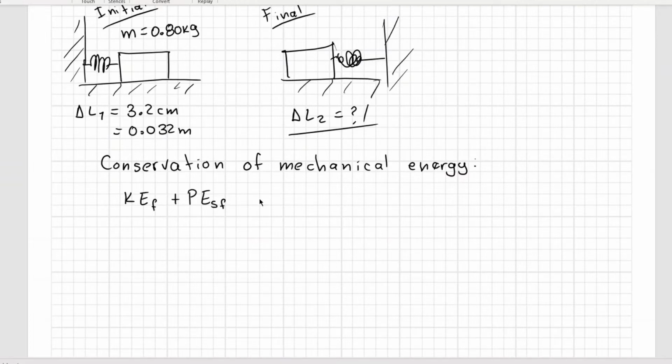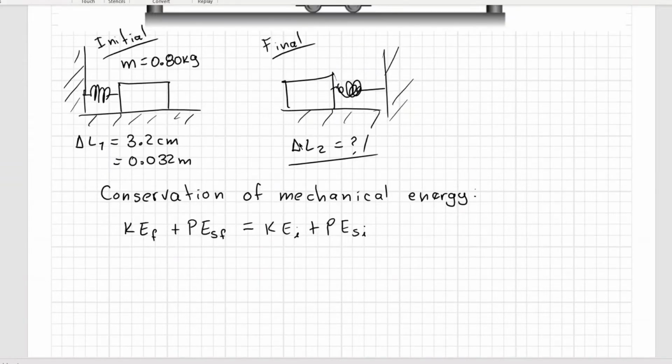In this case, since the car is not moving in the vertical direction, the gravitational potential energy will be constant and won't be relevant in this problem. Whenever the gravitational potential energy is constant, we don't need to write it. So on the right side, we will have the equivalent, but now for the initial values.